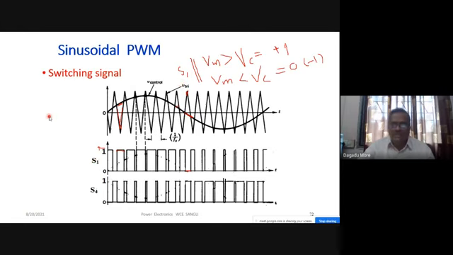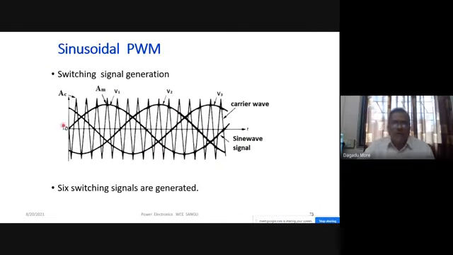How will be the switching signal for S3 and S6? It is the same, but our modulating wave will be phase shifted by 120 degrees. So here we have shown all three modulating waves. So V1, if you see it here, comparison of this V1 with the carrier wave gives us the switching signal for device S1 and S4.